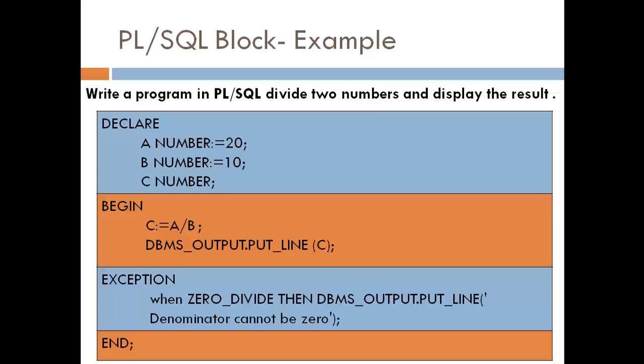So the WHEN keyword checks this condition, and if this is true, then whatever is written after THEN is executed. And here we have simply written that we want to display the message to the user that the denominator cannot be 0. And in the last we have given the end keyword terminated with a semicolon.